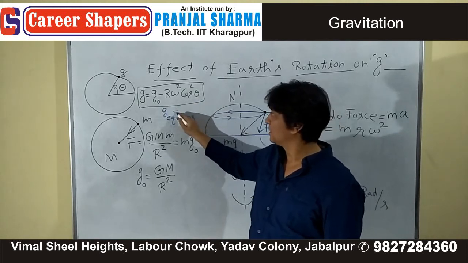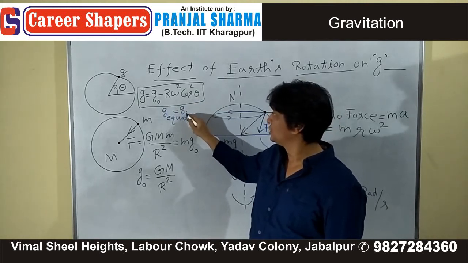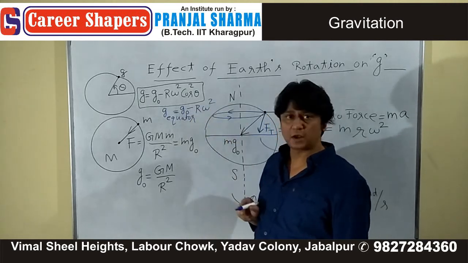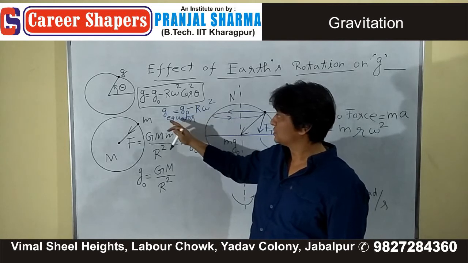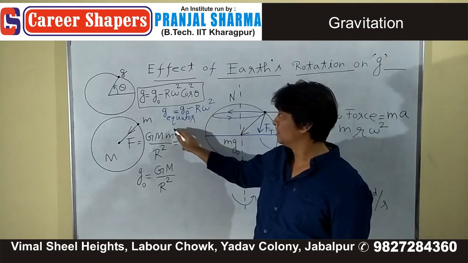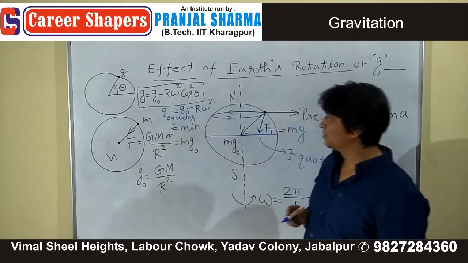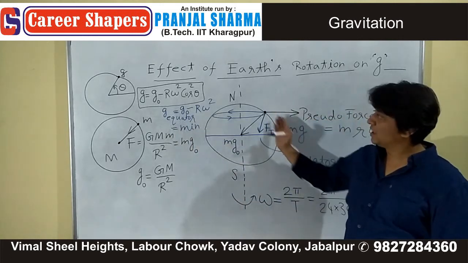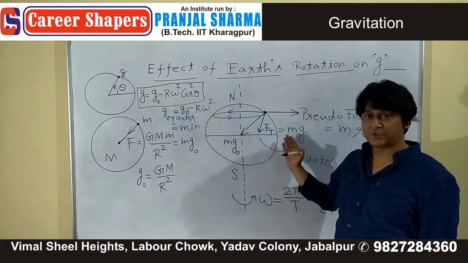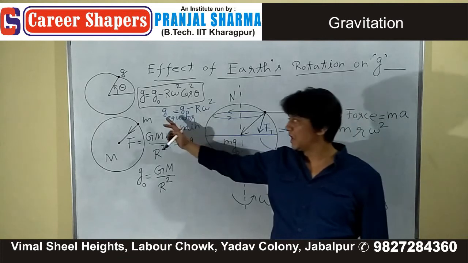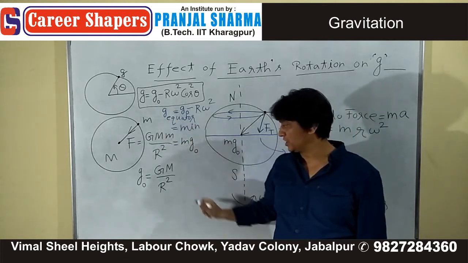So G at equator is G naught minus R omega square. This is G at equator, which is also the minimum of G present on the surface of Earth. If you are present anywhere on the equator, you will experience minimum G.